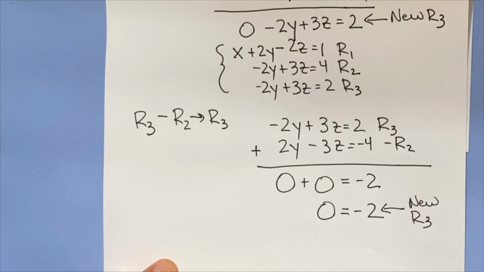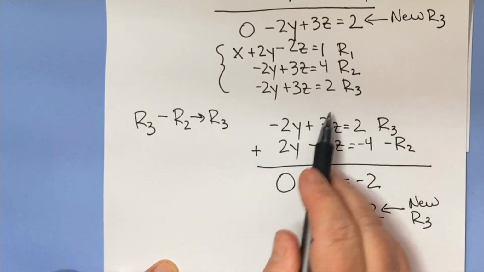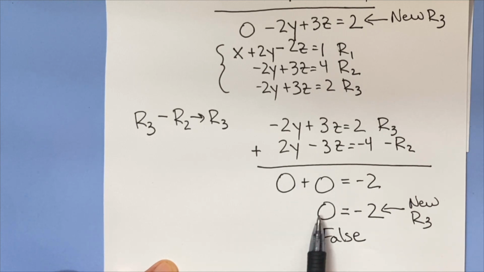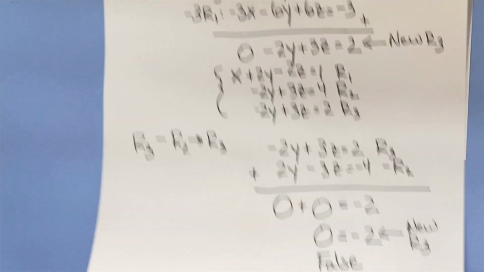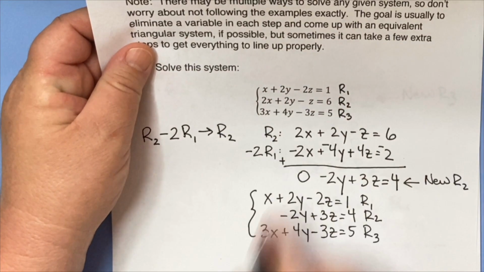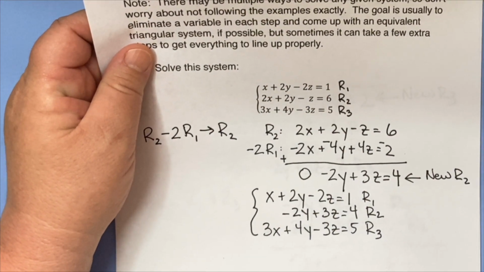If you're tired of this problem, you're done with this problem because of this problem. This is false. Notice how all the variables dropped out. I don't have a y or a z left over. If all the variables are gone, you got a 0 on the left and a number on the right. This is false, which means that this system of equations, they don't work together.